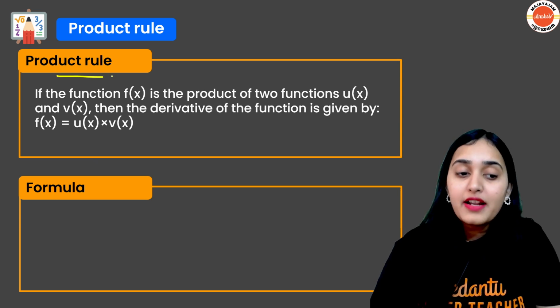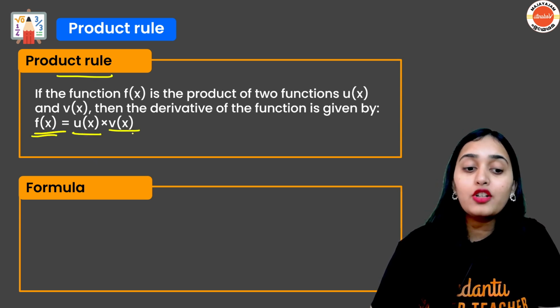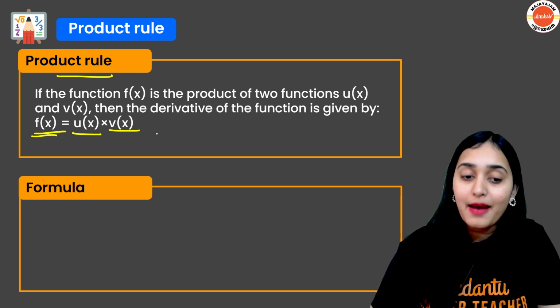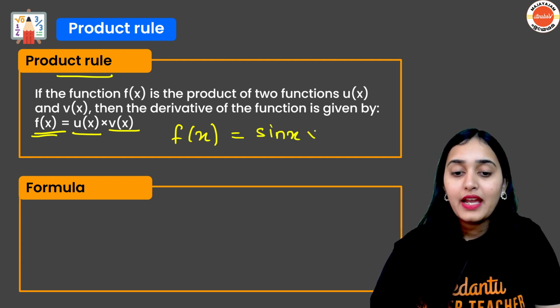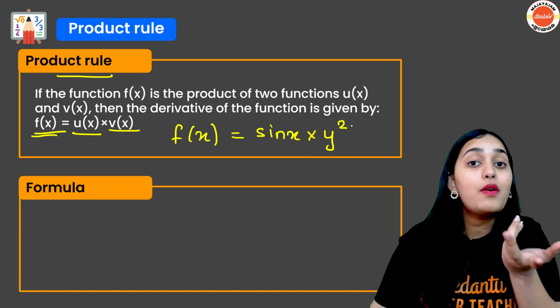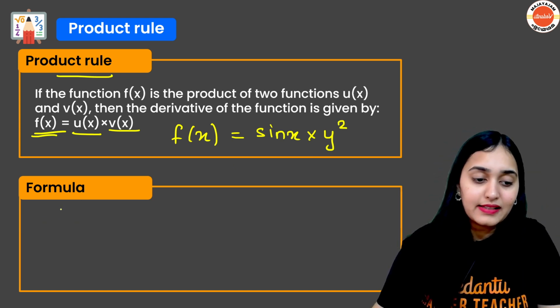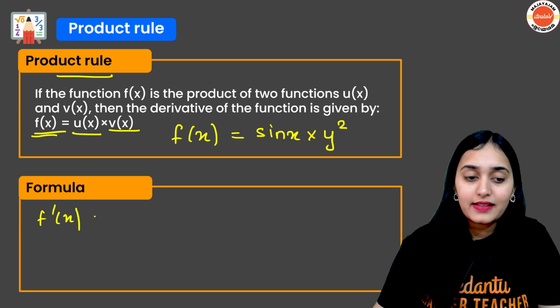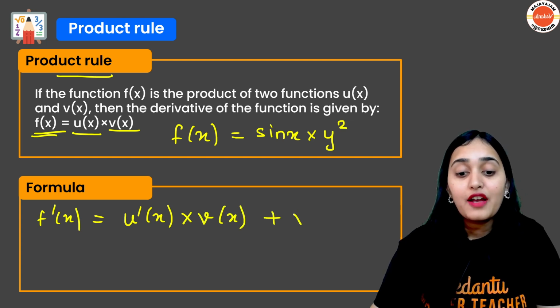Okay. Product rule says that if you have a function which is a product of two functions, for example, if you have a function f(x) which is a product of sin x and x square, how do you differentiate it? The formula is f dash of x is u dash of x into v of x plus v dash of x into u of x.